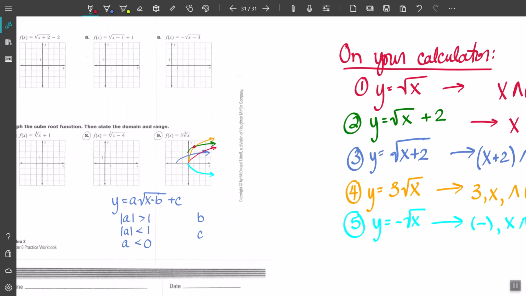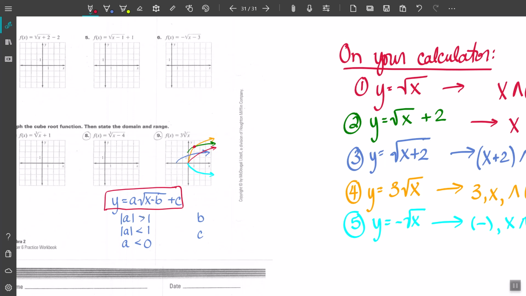So you can see that I've written out our formula. All these functions have formulas. This is the formula for the square root function. And it's all the same letters that you're familiar with from some of the other functions. Our A value here is going to tell us whether we have shrink or stretch.